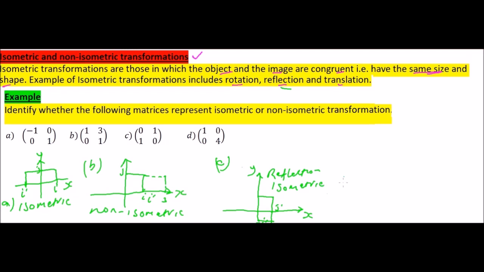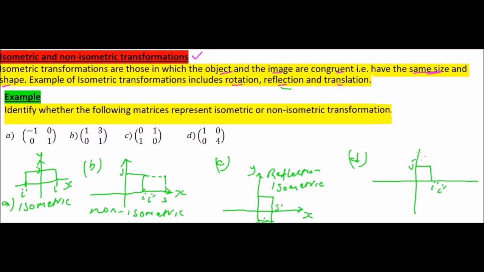And finally we come to D. We make our sketch here and have our unit square. This is i, this is j. So what has happened to that? Our i remains in the same position, that is 1, 0, but j is 0, that is x is 0, and y is 4.